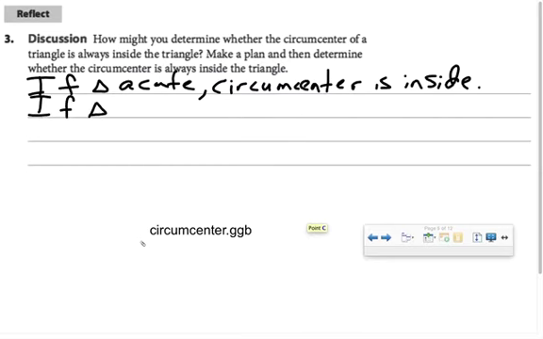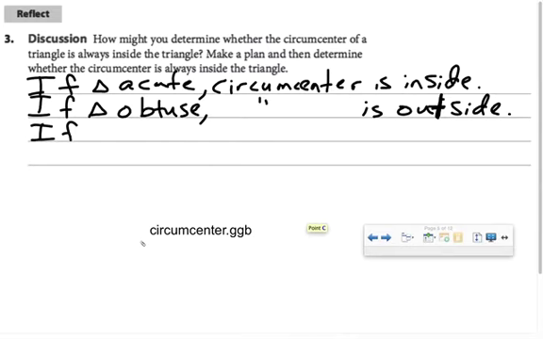If the triangle is obtuse, the circumcenter is outside. If the triangle is a right triangle, then the circumcenter is on the triangle.